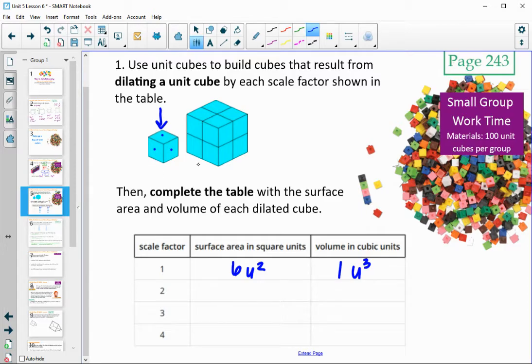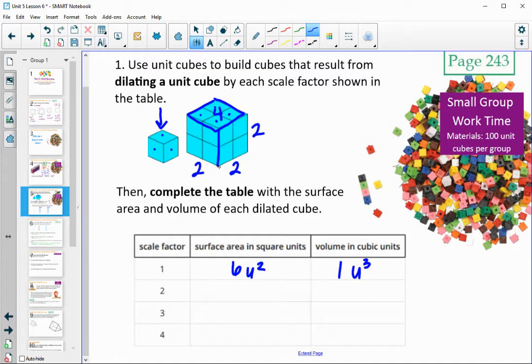Now when we've dilated it by a scale factor of 2, this surface on the top is 1, 2, 3, 4. And remember, there's the same one on the bottom.